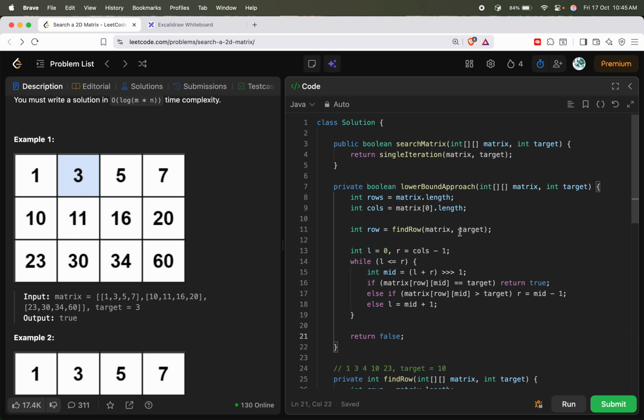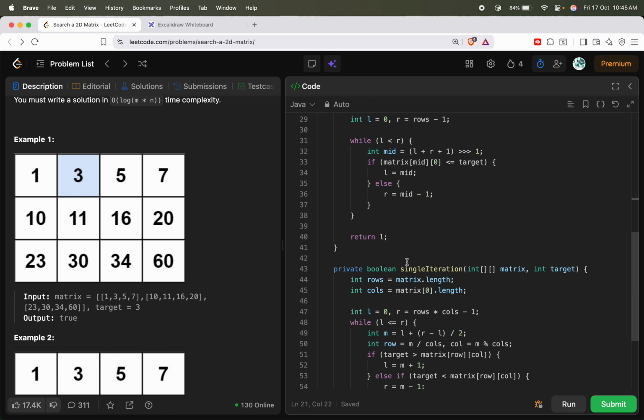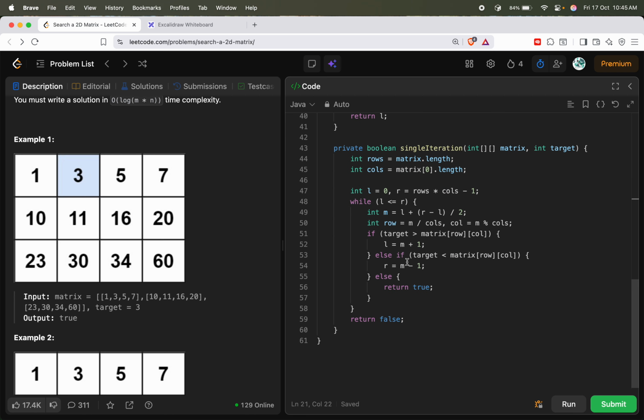In both approaches, the time complexity remains the same, order of log mn. In the first approach, in a single iteration, the total elements would be of order mn, so the overall time complexity would be big O of log of mn.